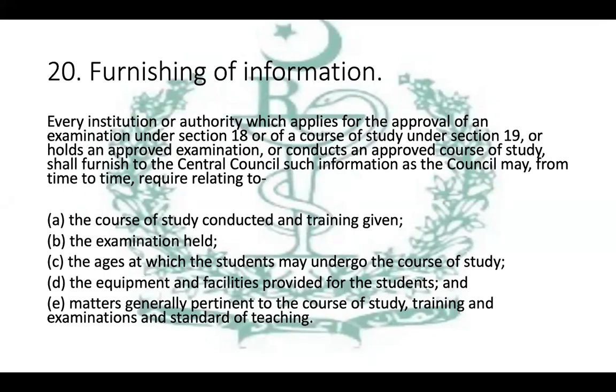So they may ask for these conditions. The course of study; B, the examination held; C, the age at which the students may undergo the courses of study. Equipment and facilities provided for the students means they have various labs, various equipment, industrial labs, and other requirements available. The facilities which are provided by the institute, they also have to check.